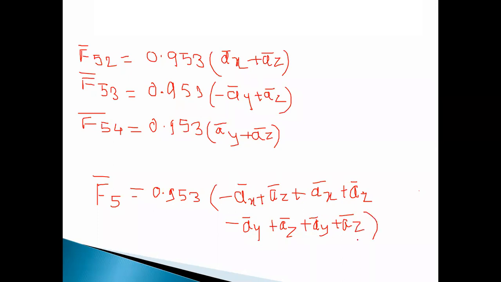Okay, so here is there any component which gets cancelled? So this is minus a bar x, plus a bar x, minus a bar y, plus a bar y, correct. And all four a bar z are present, right? So it is equal to 0.953 into 4.